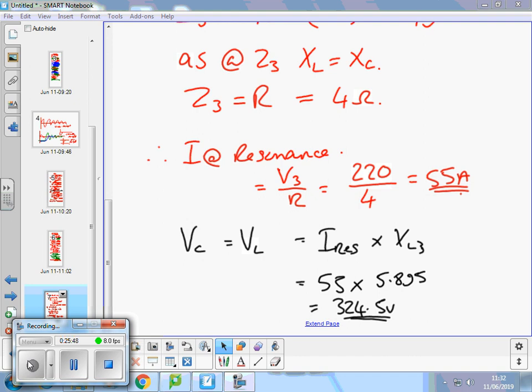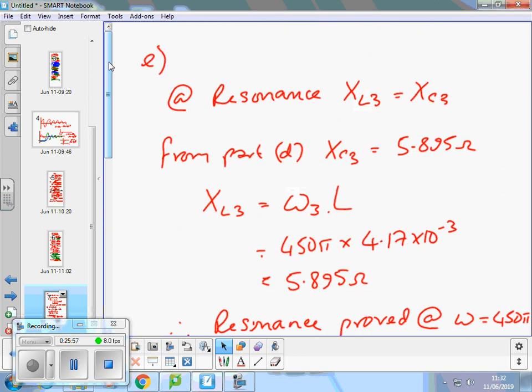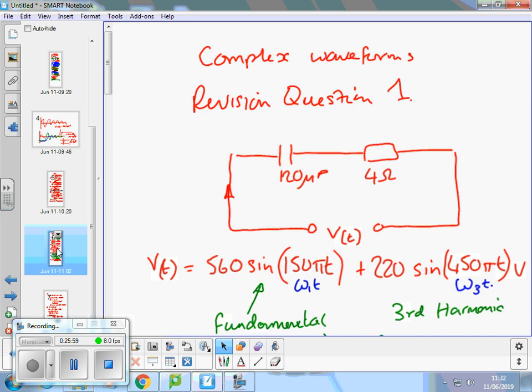If you think of this circuit being designed only to have, go back to the first page, that voltage, 560, and not have any harmonic on there, all of that is unwanted. We'd only get 30 amps, and now we're getting 55 amps just from the third harmonic waveform. That's without the bit from this added on the top. So if the circuit's been designed for 30 amps, and you start passing 55 amps, it's not going to be good news.